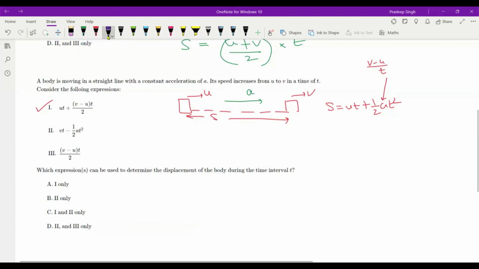Now what we'll do, let me draw the same diagram, but with a small difference. So imagine the start point is on the right. So the object is starting with a speed v, and the speed is decreasing.